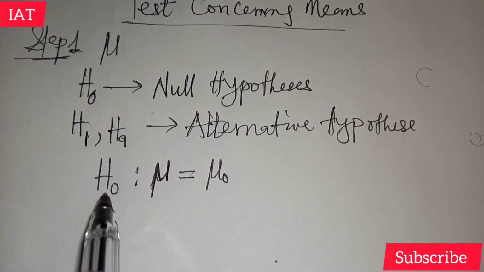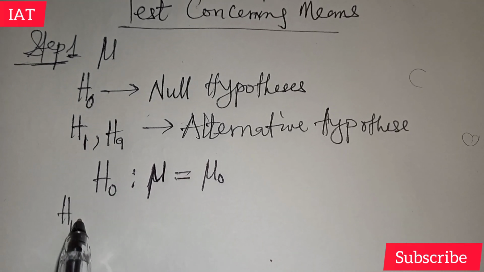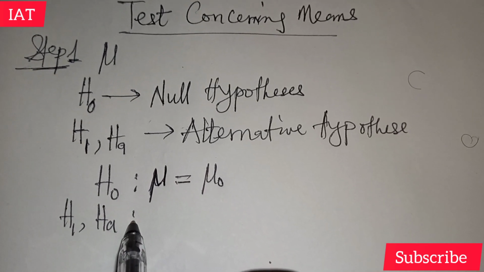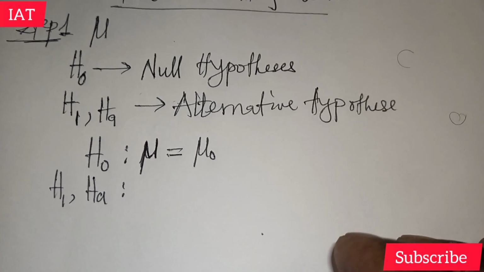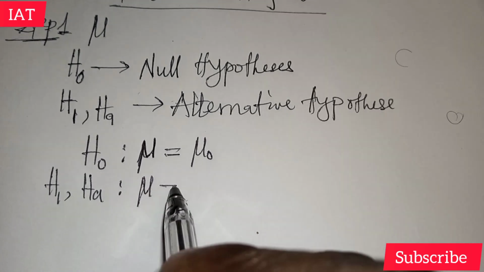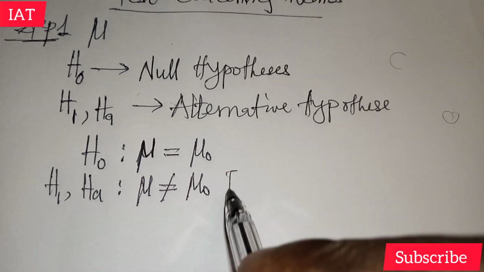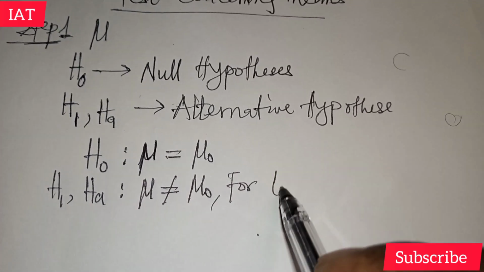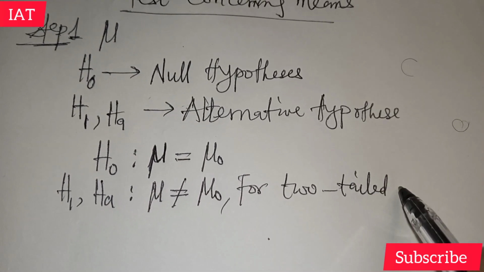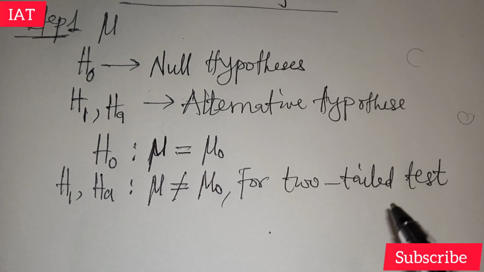And then if you want to check the alternative hypothesis, whether you want to use H1 or H subscript A, this will have about 3 conditions. It will have, for two-tailed tests, when this is not equal to this, and this is for two-tailed tests. I'll explain what two-tailed test is all about.